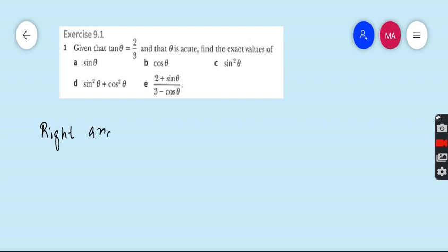This triangle is not new for you. You have already studied this triangle. A triangle which has one angle of 90 degrees is called a right angle triangle.